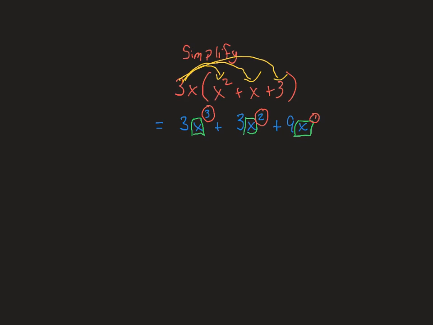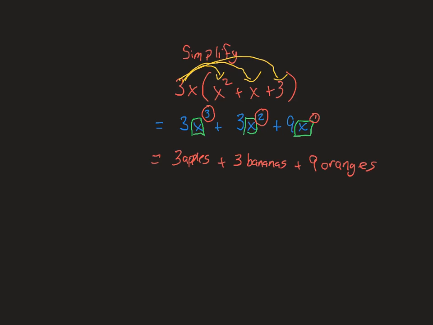So these are all different things. It's like me saying you have 3 apples, 3 bananas, and 9, let's say another favorite fruit, oranges. So I can't go any further.